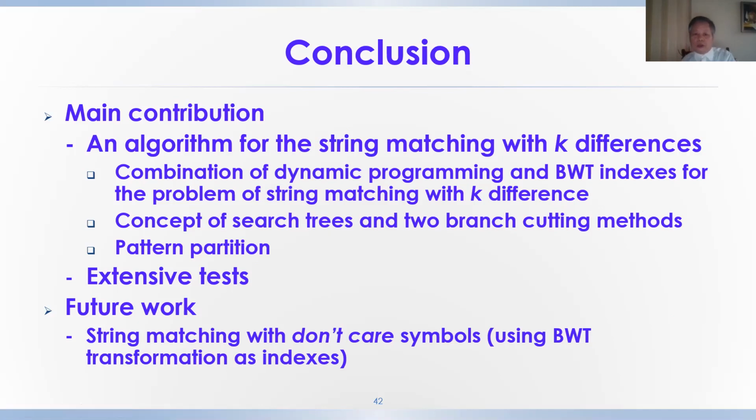By using the search trees, we can recognize all the occurrences of a pattern in a target. We have also done a lot of tests, and the results show that our method is not only theoretically but also practically an efficient method.